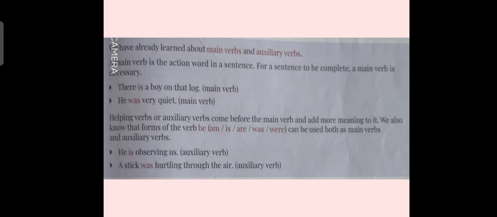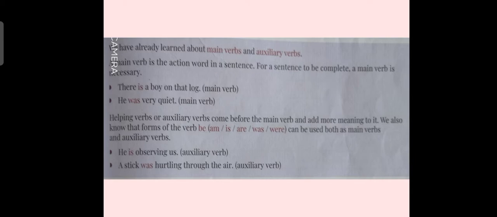Helping verbs or auxiliary verbs come before the main verb and add more meaning to it. We also know that forms of the verb be, am, is, are, was, were, can be used both as main verbs and auxiliary verbs.